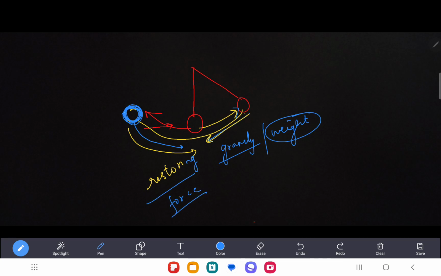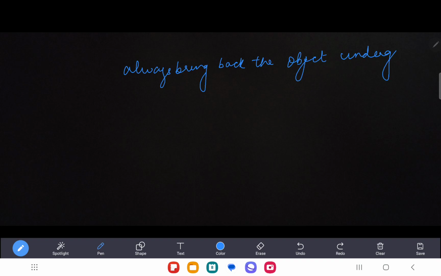So the main purpose of the restoring force is to always bring back the object undergoing SHM to its mean position. Are you understanding?